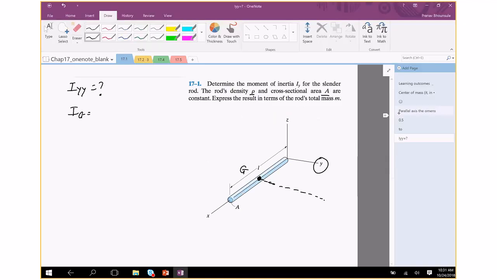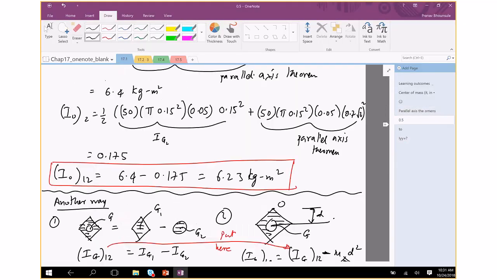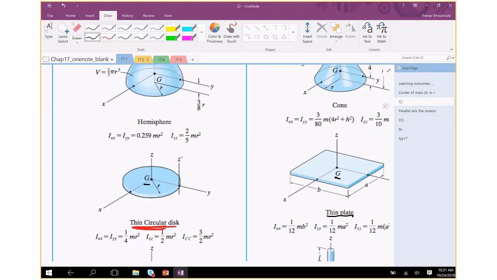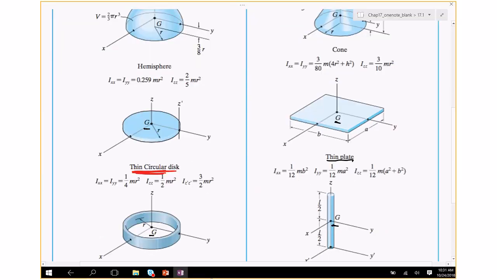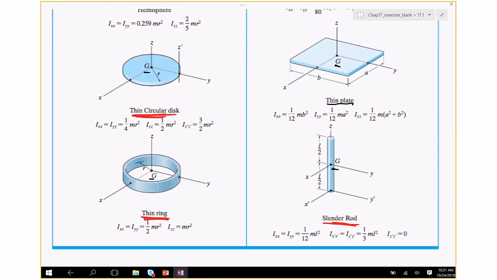So go to the table. Slender rod is right here. So X, Y, Z. Which of those axes corresponds to the one we are interested in? X is fine. Actually, Y is also fine.